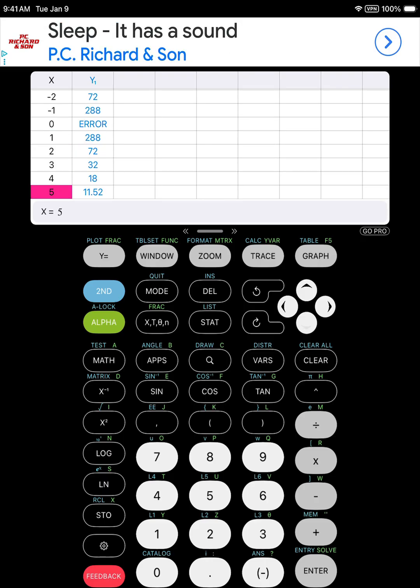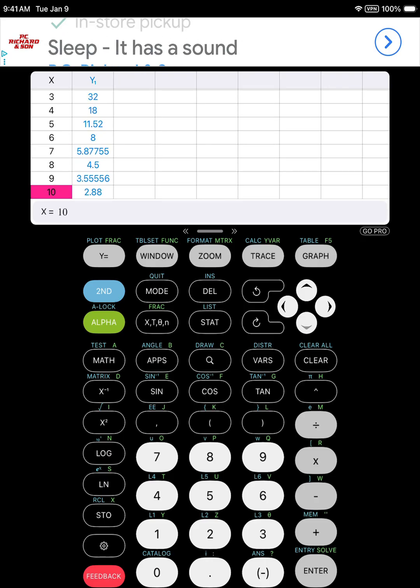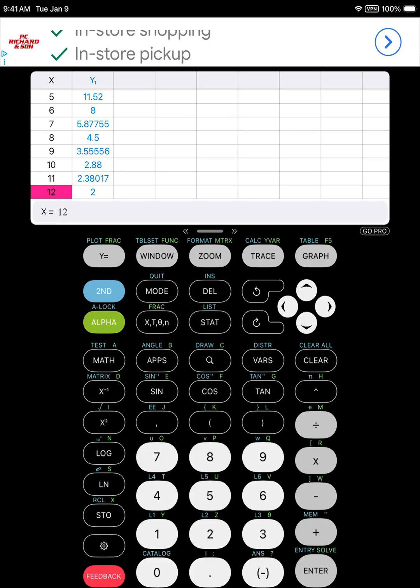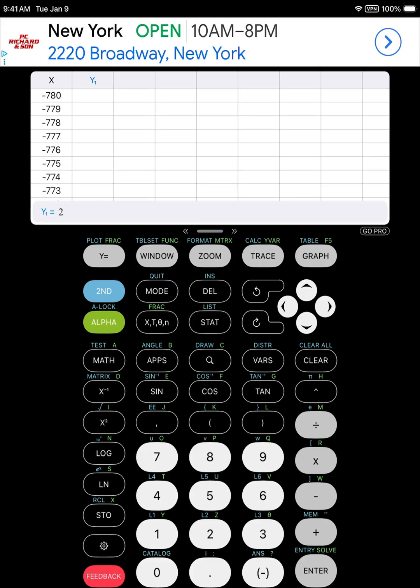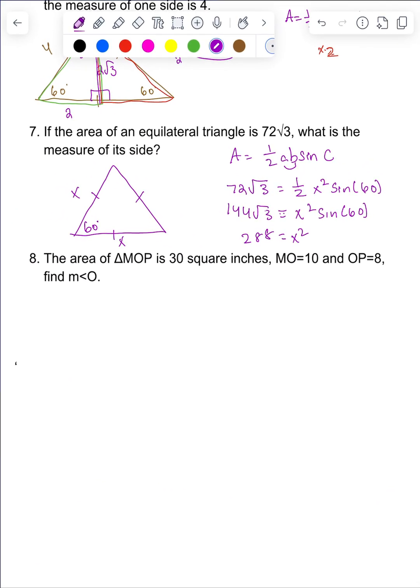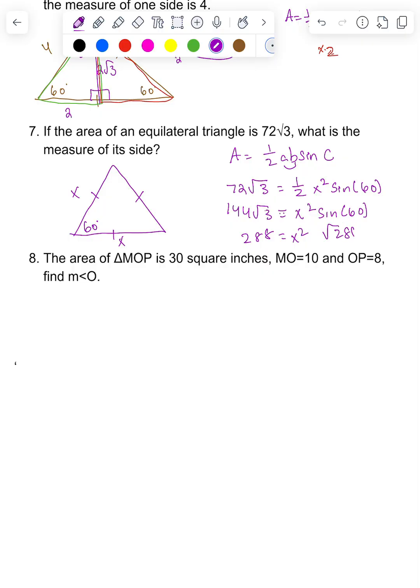Oh, it does simplify. We're looking for whole numbers. The last time we see whole numbers, which is here, 12 radical 2. Okay, so 12 radical 2 is the measure of one side. And that's the exact value because it doesn't say to round.